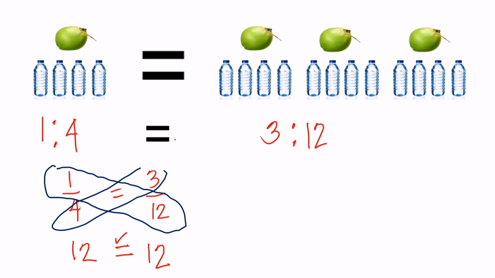So, kapag hindi ito nag-equal, ibig sabihin, hindi the same yung taste ng buko juice. And, it means, hindi ito proportion. Tandaan, proportion is the equality of 2 ratio.